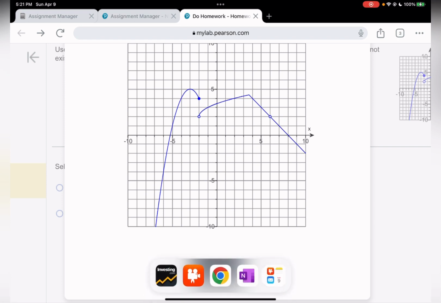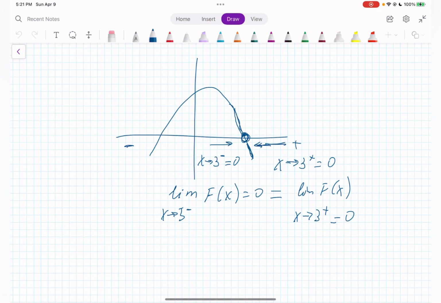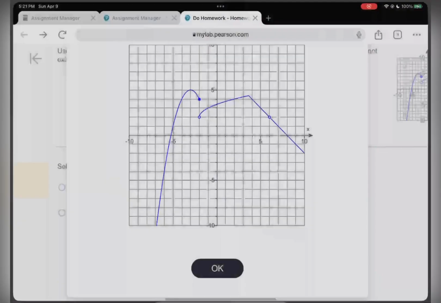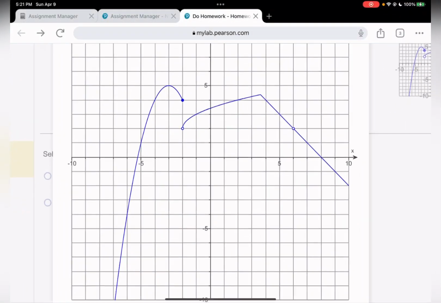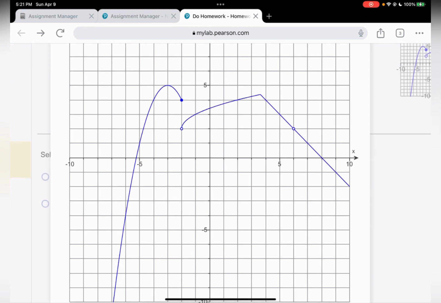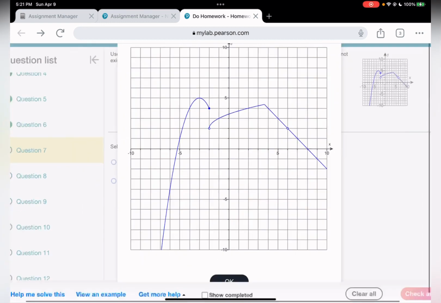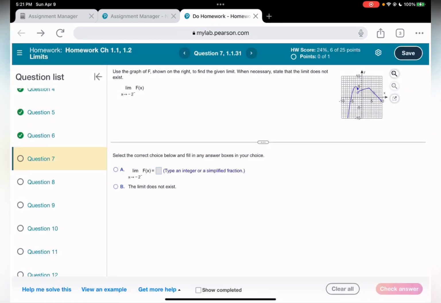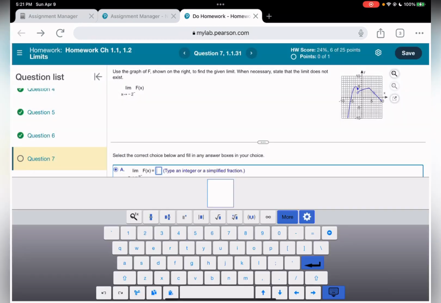This one. Let me show you real quick. This point, right? From the negative side. Therefore, if I look at the graph, the answer is going to be 4, coming down to 4. So it's a one-sided limit, and the answer is 4.